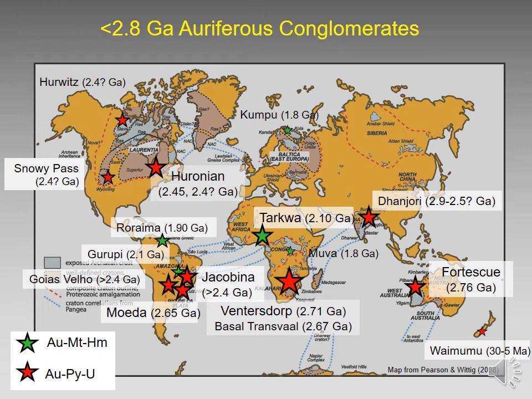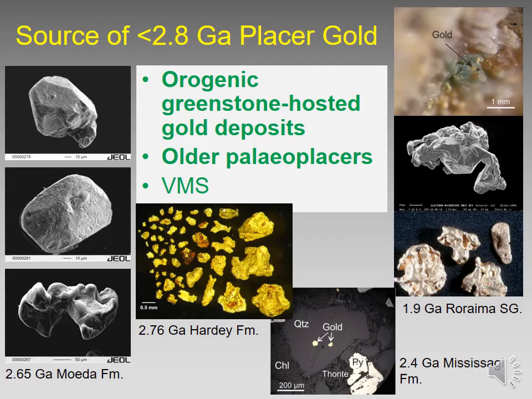So for these younger conglomerates, the source for the gold is easily explained. Because after 2.8 billion years, we already have orogenic deposits in the hinterland. We have in places evidence of gold derivation from volcanic massive sulfide deposits.